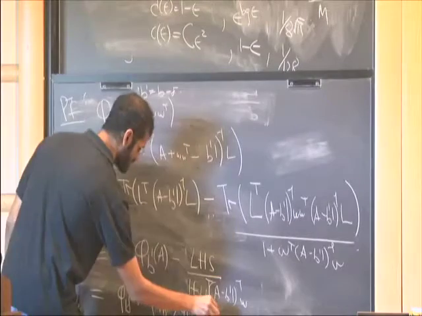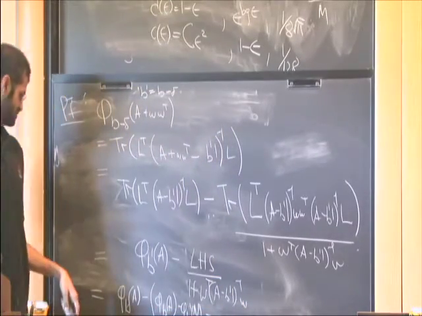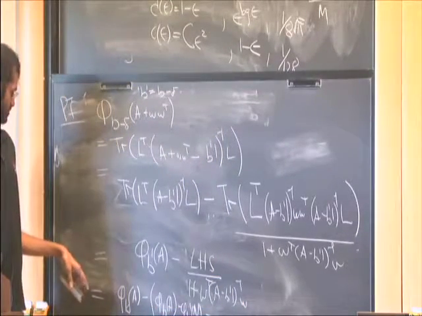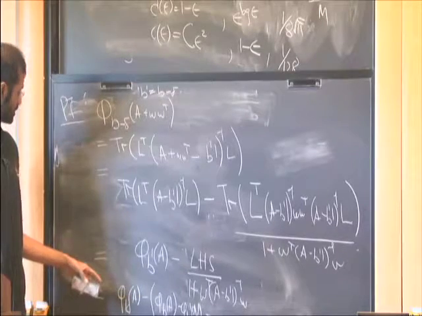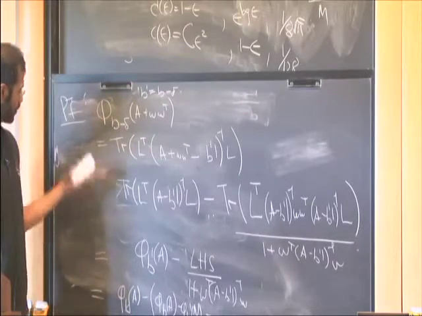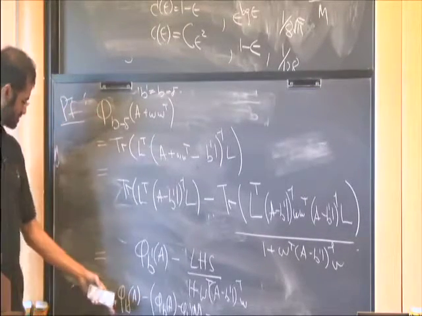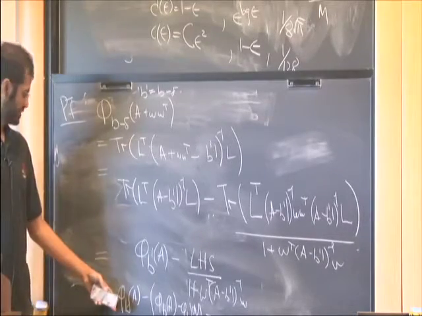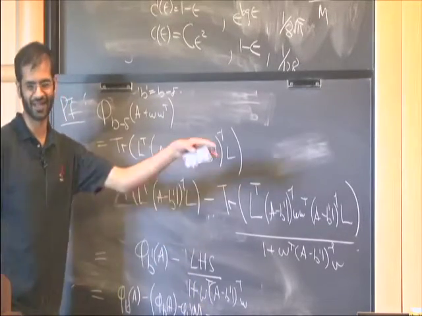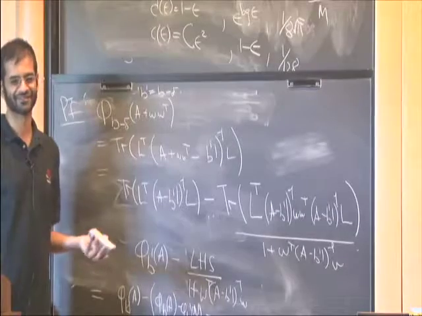Minus whatever this stuff is, okay? And so what I want is this thing to be less than this thing, and so I rearrange whatever that thing is, and I get lemma 2.